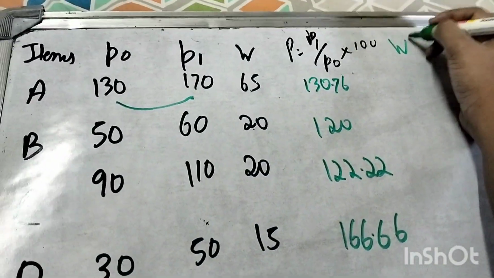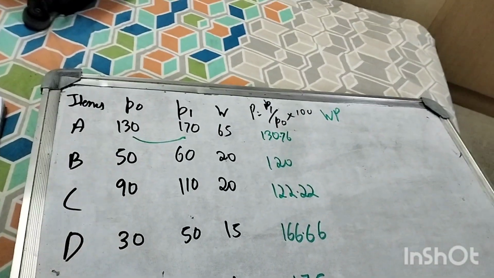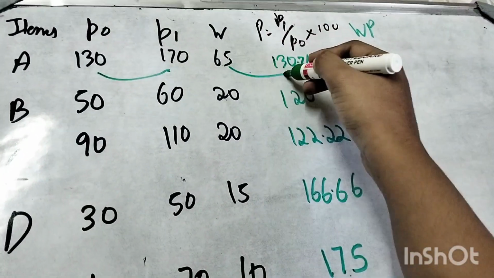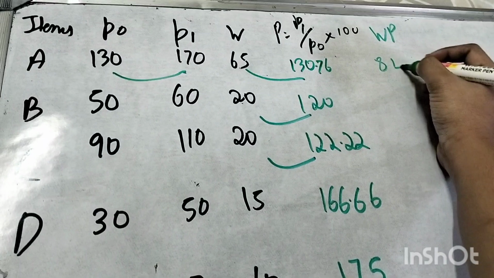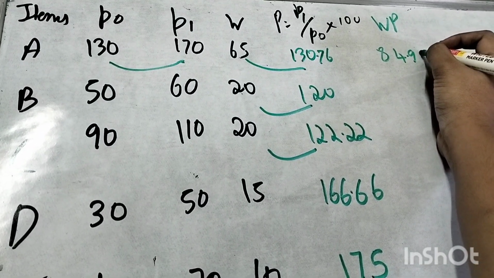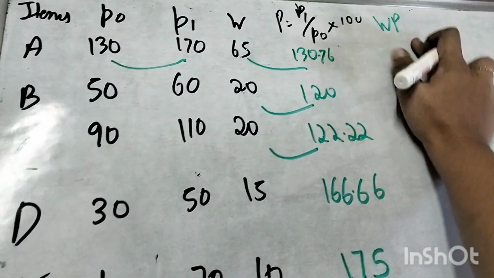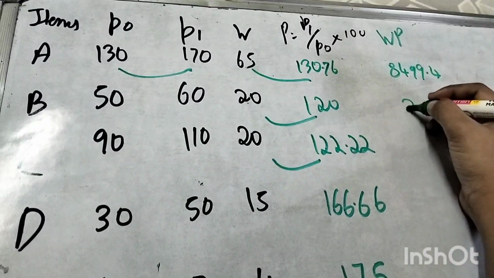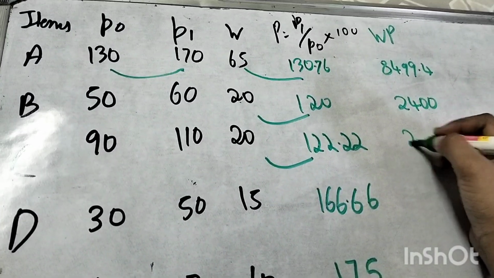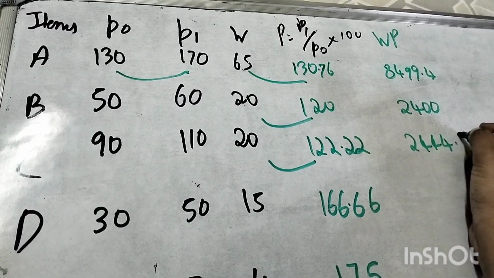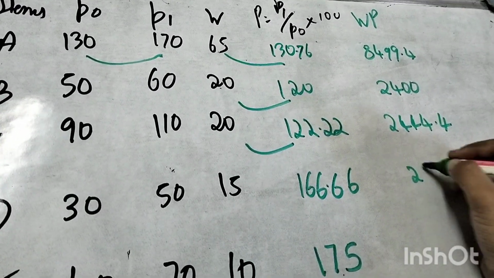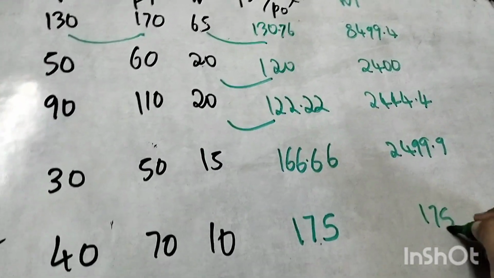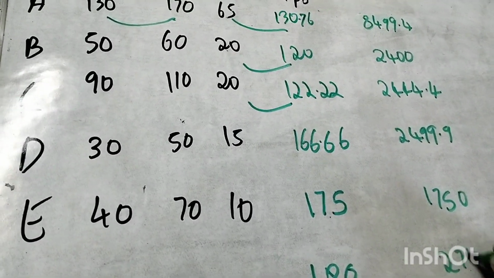Next is WP. So this is the family budget method. WP is nothing but these two: 84.9, 8499.4, 2400, 2444.4, 2499.9, 1750, 2700.